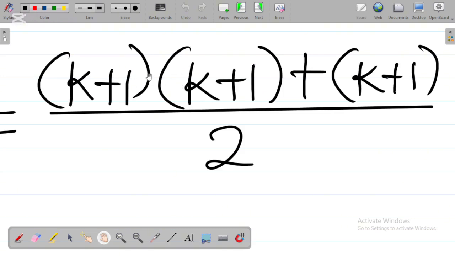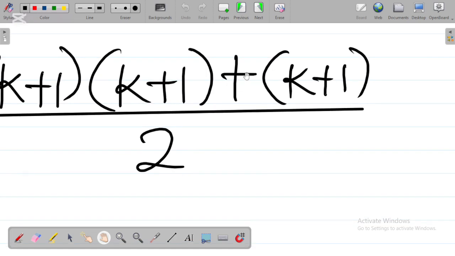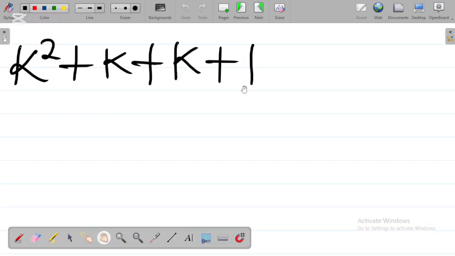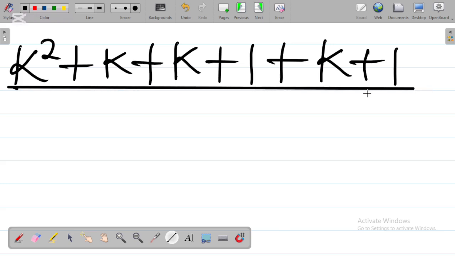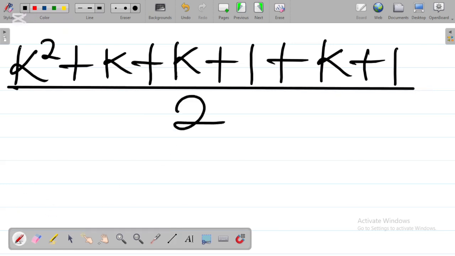Alright, so if you don't know how to multiply this, let me show you. You will use each of the terms in the first bracket to multiply all the terms in the second bracket. So k will multiply k plus 1 and then 1 will also multiply k plus 1. And then we have here plus k plus 1, all divided by 2.